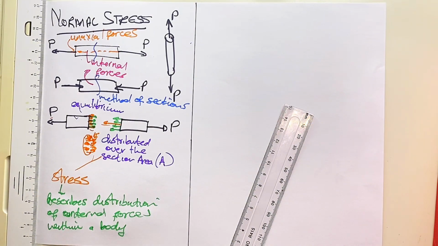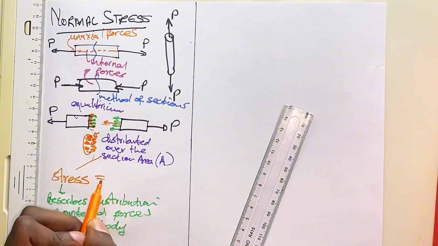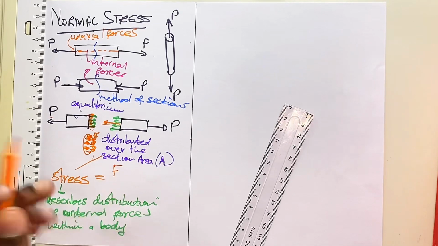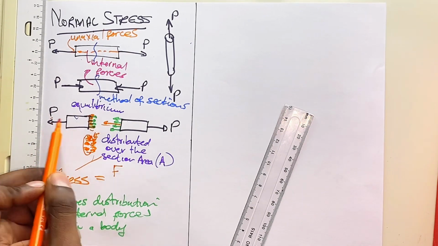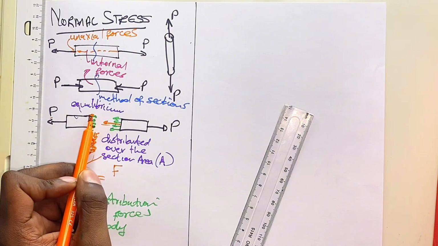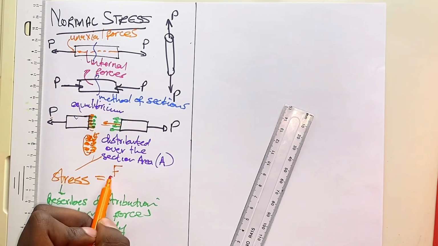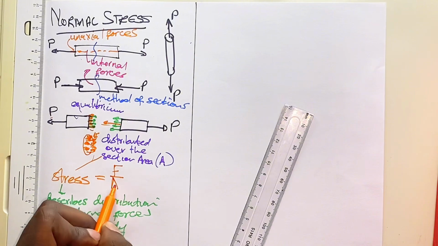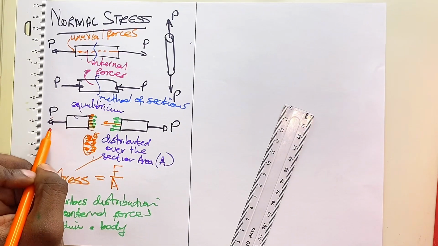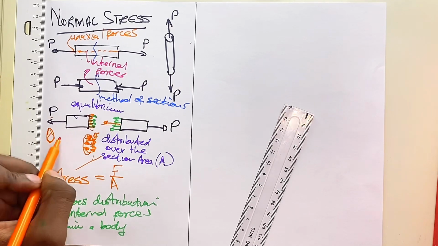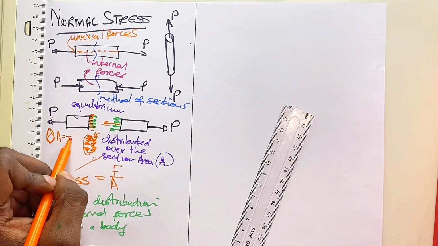Now, to calculate that stress, to find that intensity, we take the force that is being exerted on the member, which will be equal to the internal forces that will result inside here, and we divide that by the cross-sectional area. So if you have a rod like this, your area will be pi r squared.